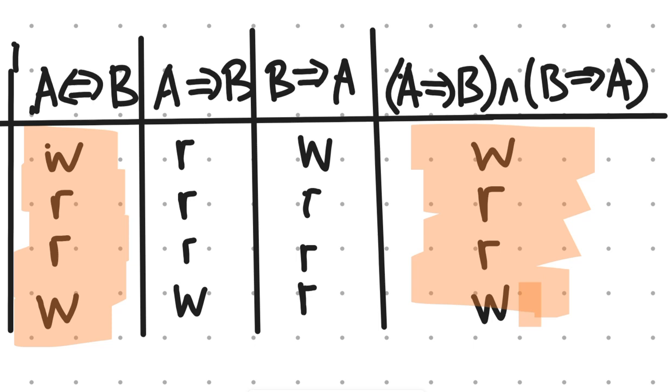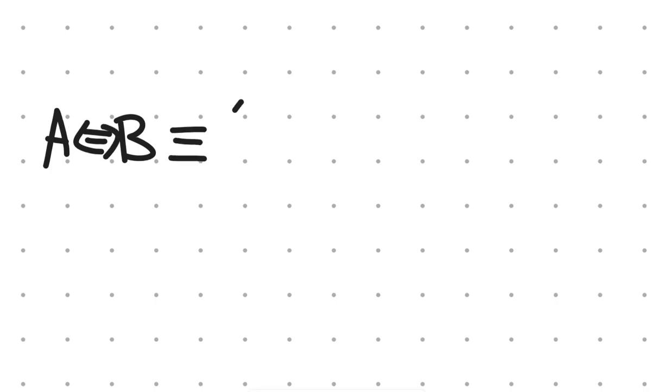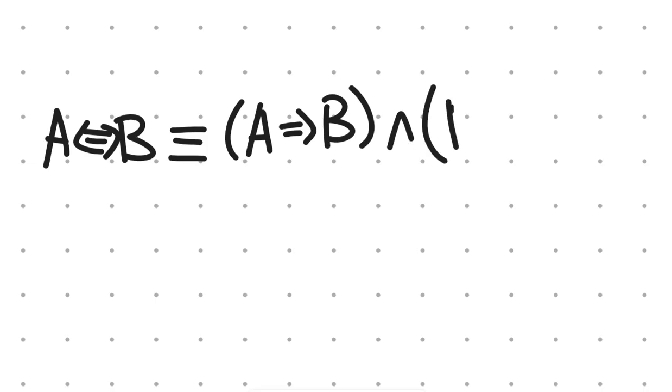Yes, we can see them, which means that those two logical mathematical terms, or symbols, or expressions, however you want to call it, are both equivalent to each other. So we can say A equivalent to B is always the same thing as saying A implies B and B implies A.